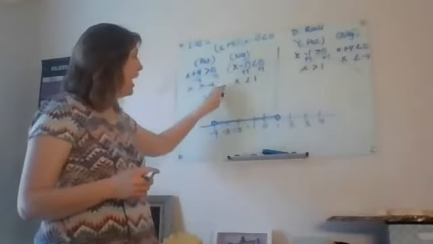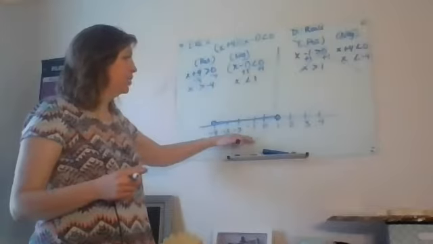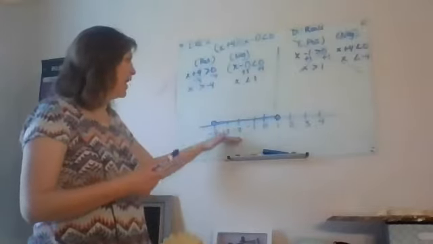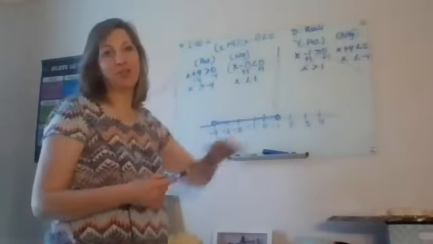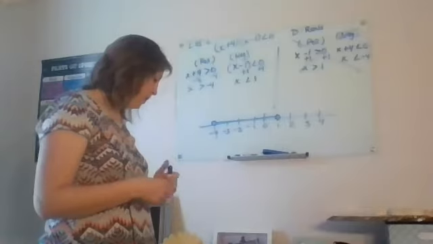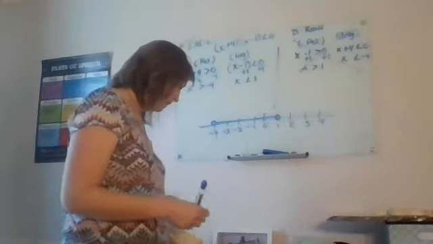So my solution has to come from this side. So this is going to be the correct answer, because this cannot be true. All right, they don't join. All right, so that was practice letter A.